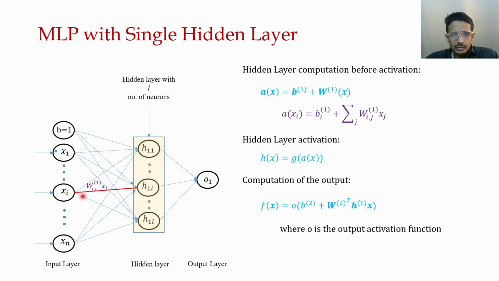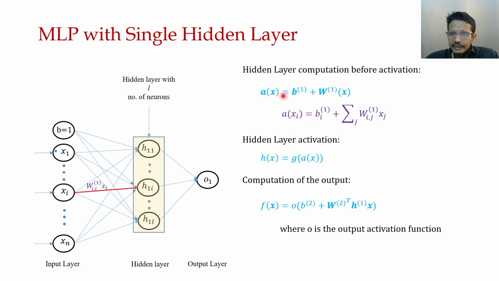And x means this particular input. It is from all the units, so j may be 1, or if it is a fully connected network, j goes from 1 to n. So this is the basic formulation.